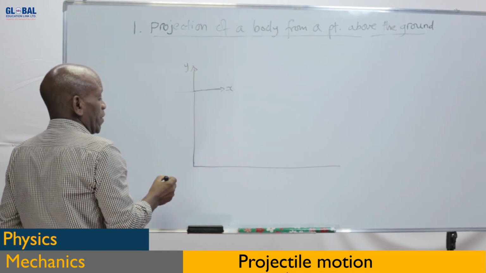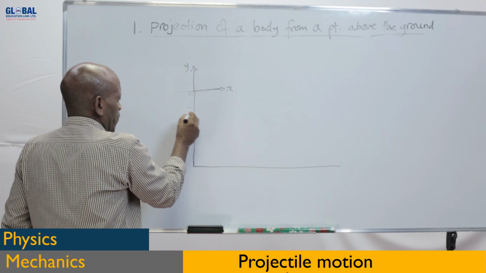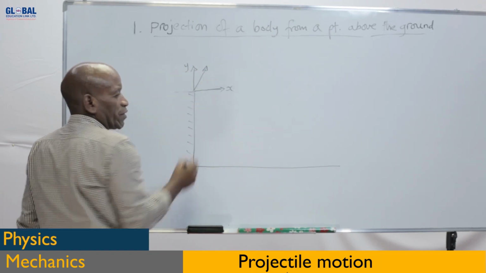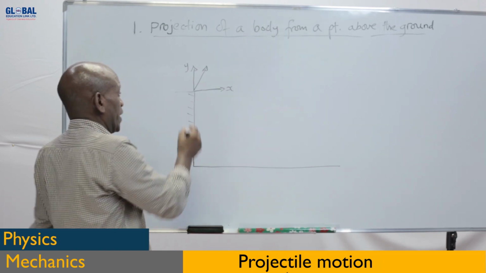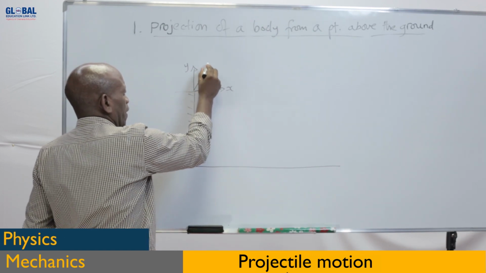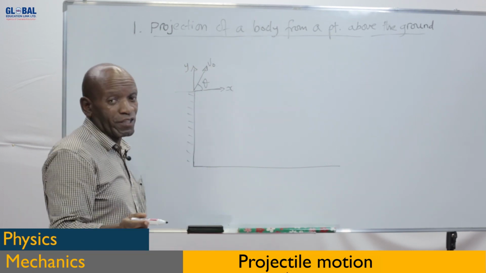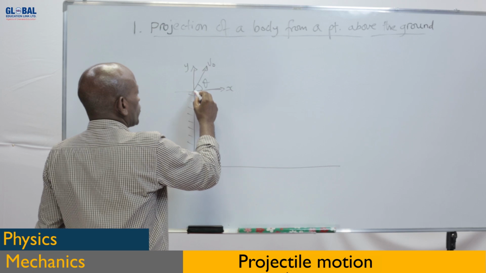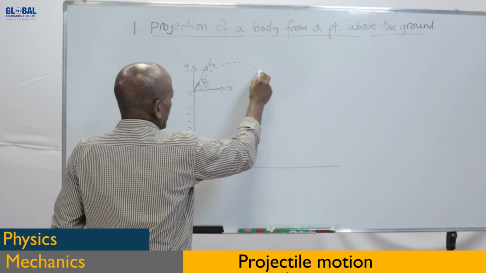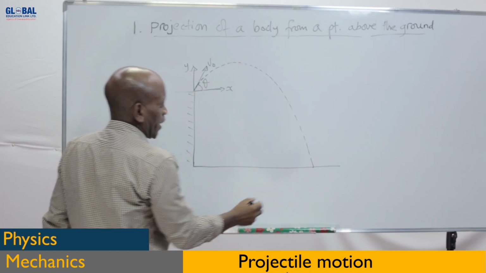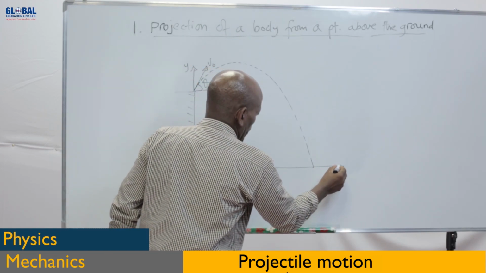A body is projected at that point with velocity v naught at an angle theta. With that projection, the body will take such a trajectory and hit the ground at that position.